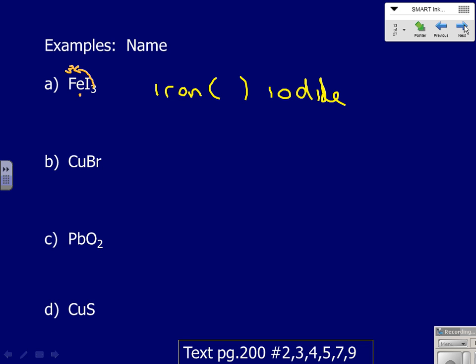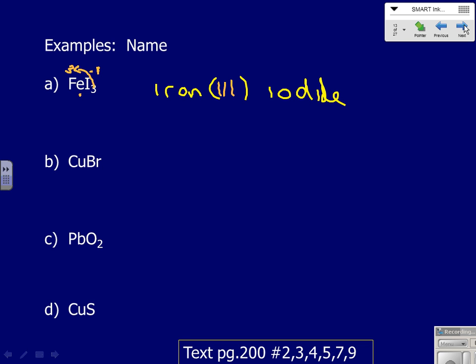And this 1 that we don't write down, where did it start out as? The iodide. Now, we already know that the iodide is -1, so we don't care about that. But what type of iron must this have been in order to get that formula? 3. It's got to be the 3, because the 3 went up there. So this is iron(III).